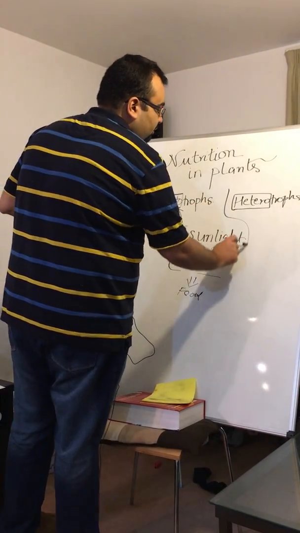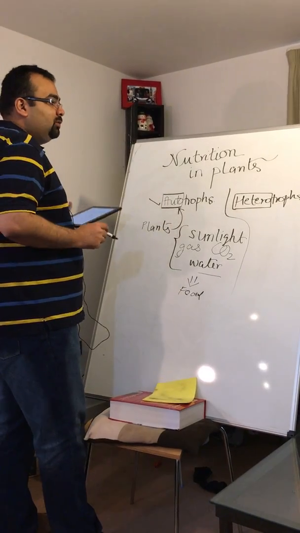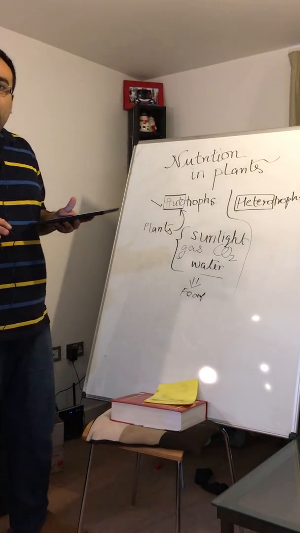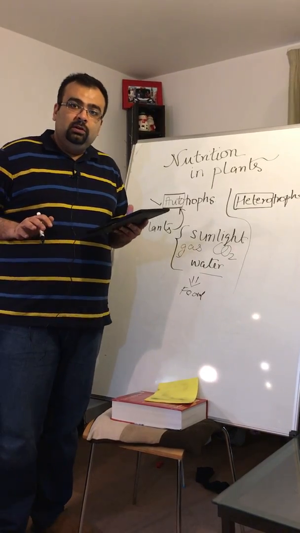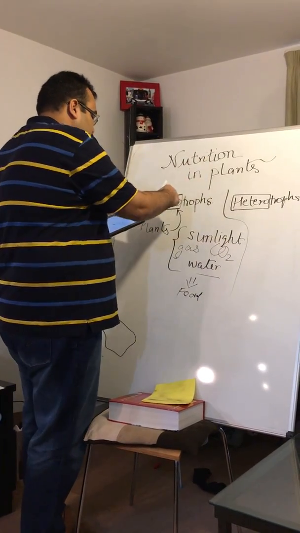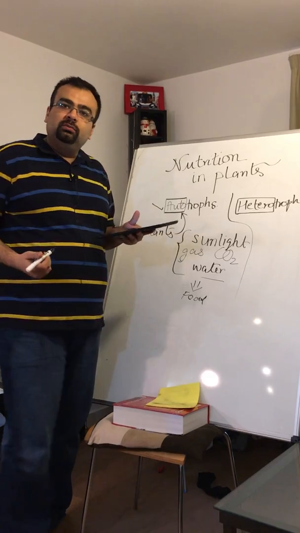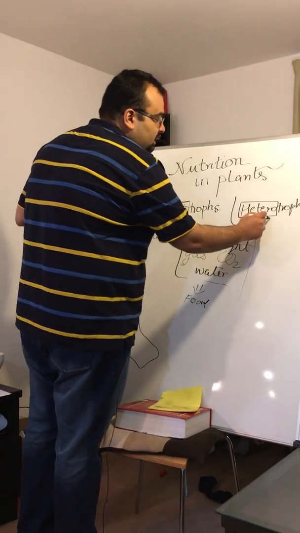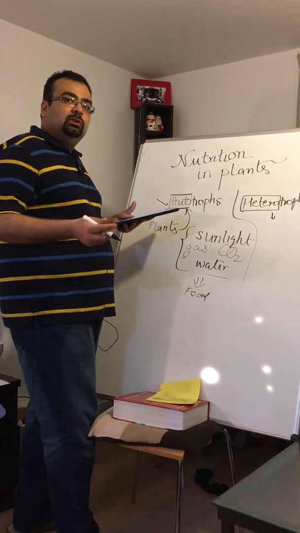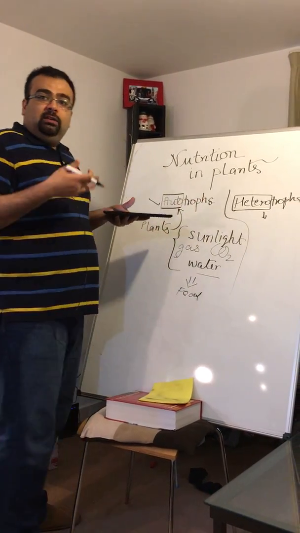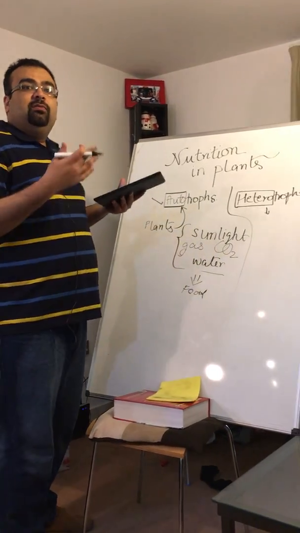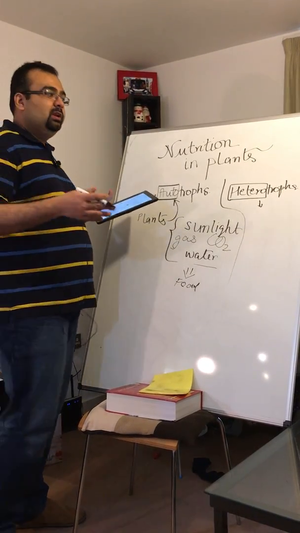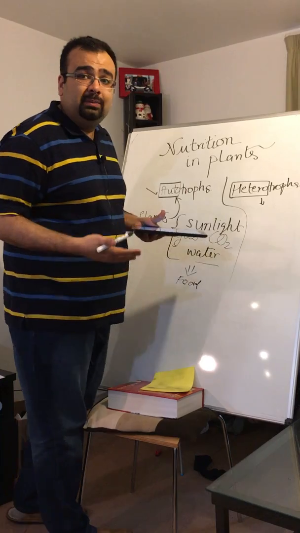What about heterotrophs? Heterotrophs are those organisms which do not produce their own food from raw material, and they have to rely on the autotrophs to get the food. Okay. Now heterotrophs themselves, if we are talking about the animal world, can even have other animals, as we have already discussed last year in the class 6 chapters, that the food ingredients can be plant products, can be animal products.